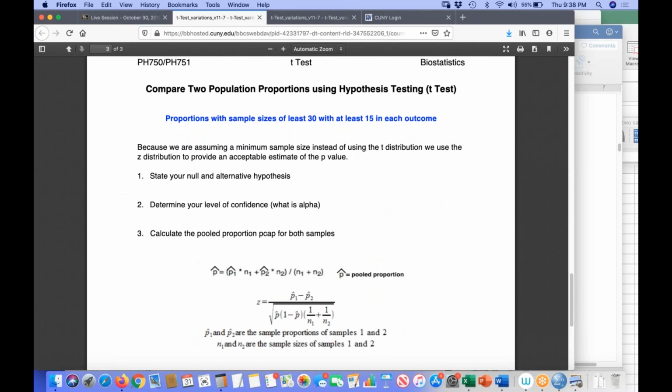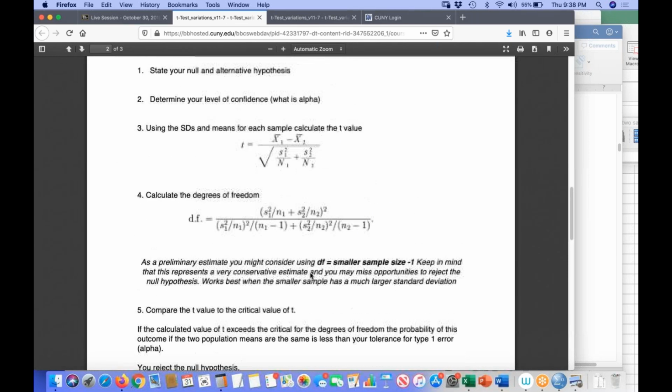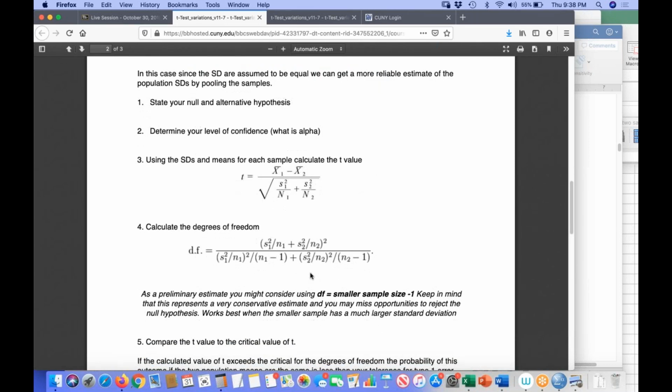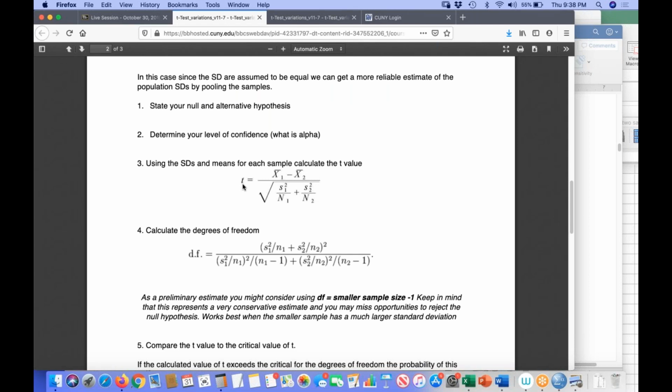If you're going to do the calculation manually, this is what you're going to do. You don't calculate a pooled standard deviation because you can't pool them because they're different, right? So your T value is equal to the difference in the means over the standard error. How do you calculate the standard error?